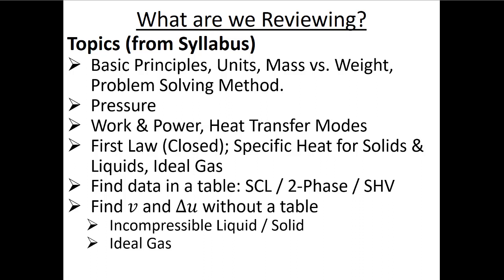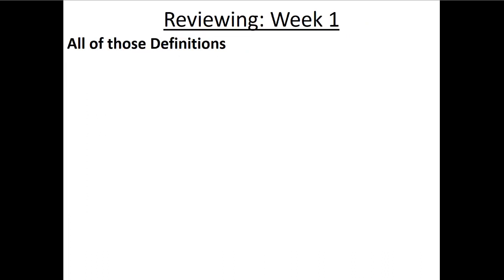The two parts if it's an ideal gas: first is what's the fluid? It's an ideal gas. And the second part of that question is, are we going to use constant specific heats? Then we can say that delta U is Cv times delta T. Or are we going to say that it's variable specific heats, where for air we would use table A-22? We'll go over both of those methods today.